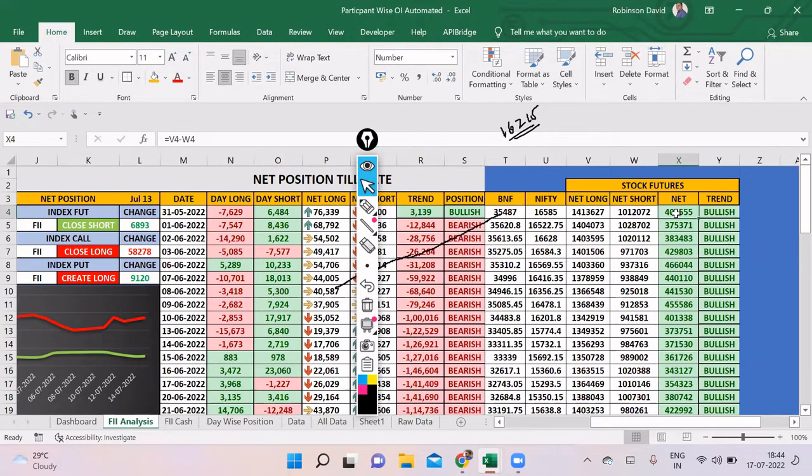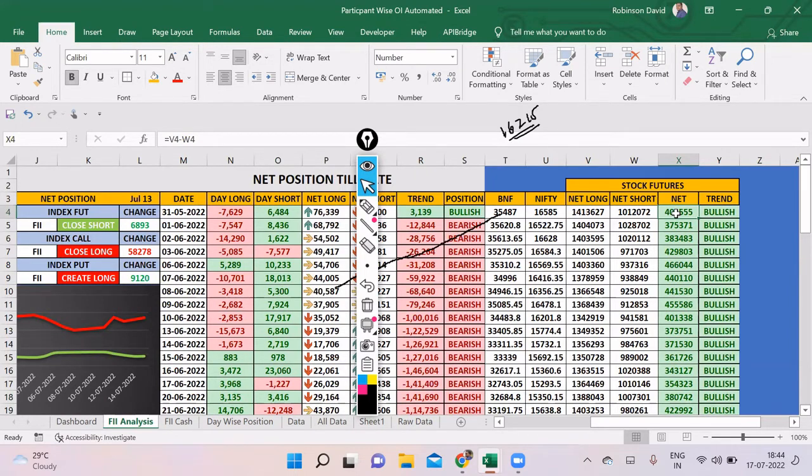We discussed in a video 3-4 days before how the data factors into the market. First it is the index options that get factored in, and then the index futures, and then the stock options and the stock futures.